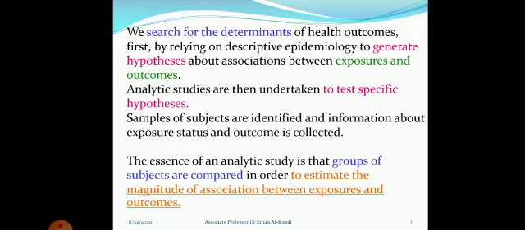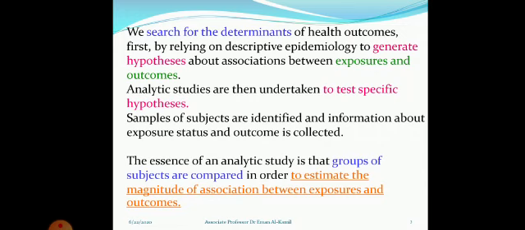So, in the descriptive epidemiology, we have already discussed the occurrence of disease, or describing who are the individuals affected, at what place and at what time. So by the end of the descriptive study, we generate some hypotheses about the association between some exposure to certain risk factor and the outcome or the disease.